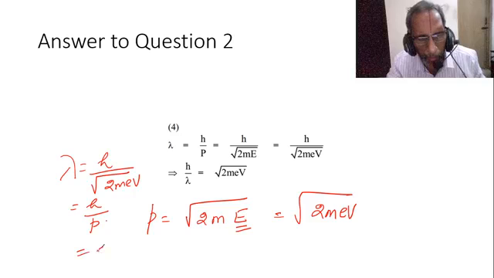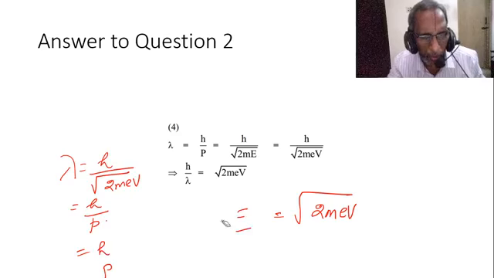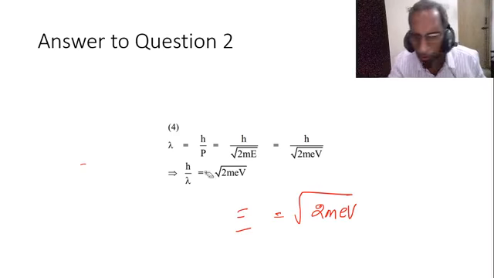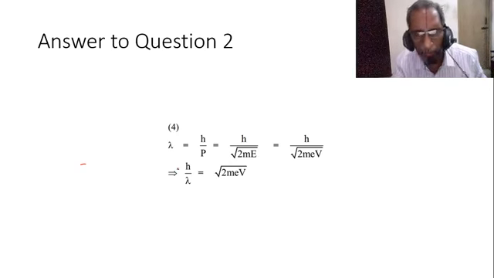So h by lambda means root of 2meV. Option D or 4 is correct, right? Harshit, good. Option D, or option 4, is correct.